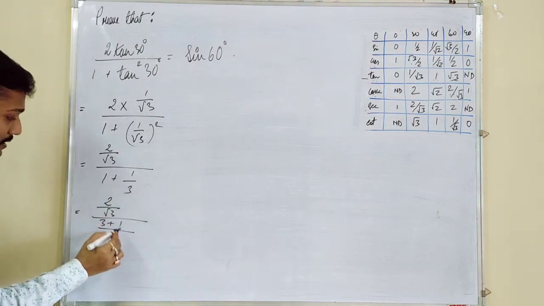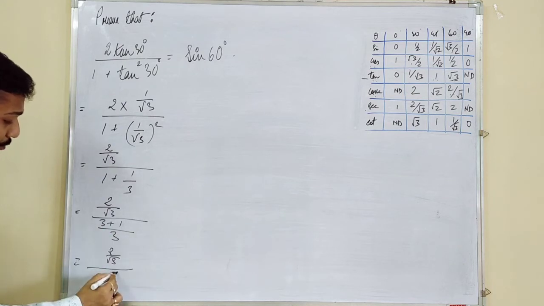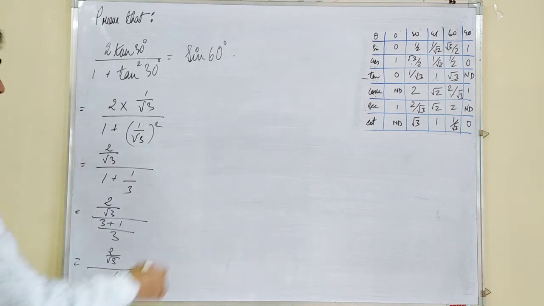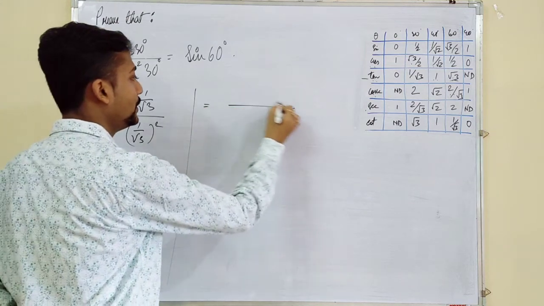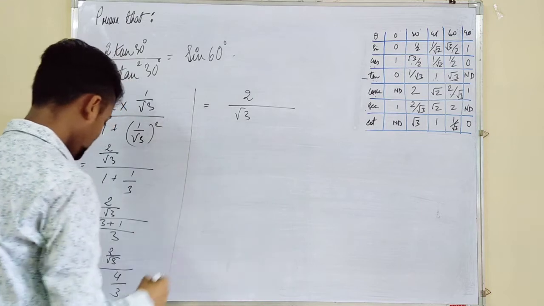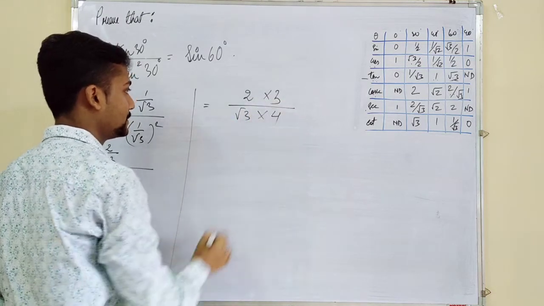So it will be how much? 2 by root 3 by 4 by 3. So it will be 2 by root 3, and 4 will remain here and 3 will go up, isn't it?